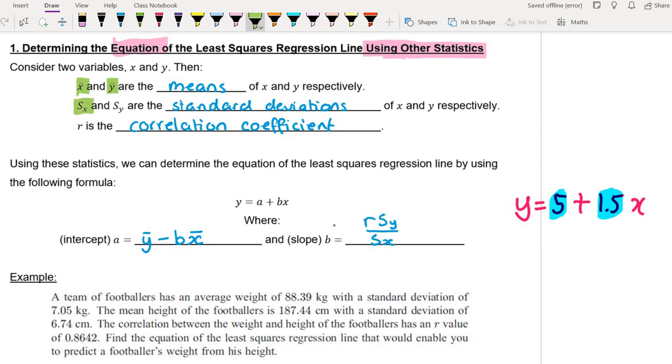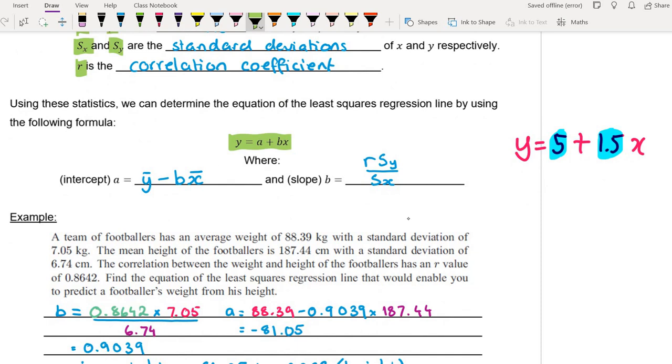If we also know the standard deviation for x and y, and the correlation coefficient, the r value between x and y, as long as we know those 5 values, we can also find the equation of the least squares regression line. The way we do it, to find a, we take the mean of y and minus b.